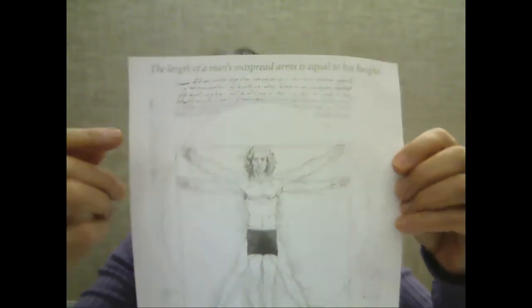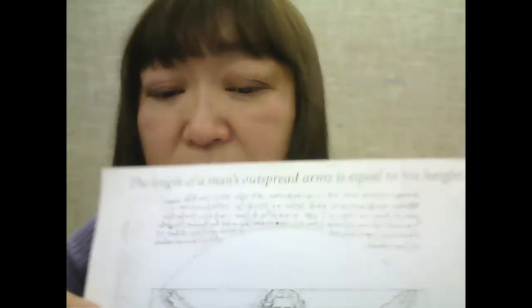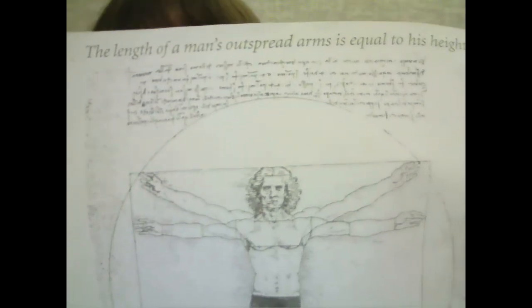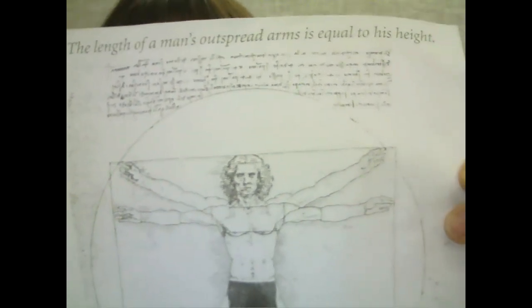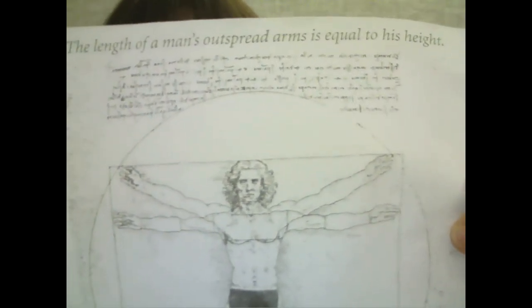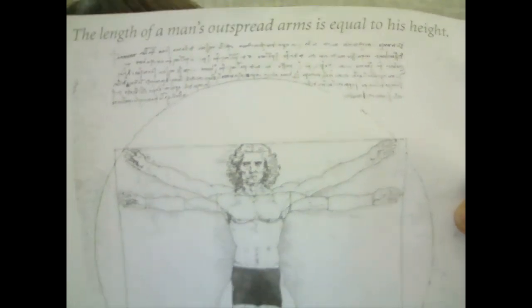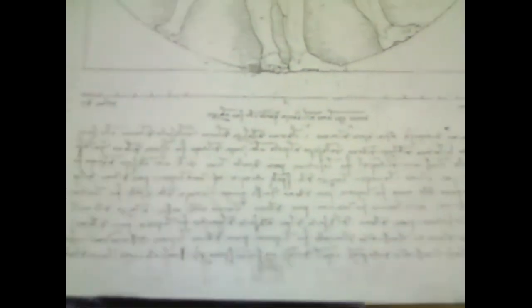Now these tiny writings of Leonardo da Vinci, that's the one that the introduction paper was talking about, the writing that can be read only in the mirror. But even if we use the mirror, I don't think we can read it because it's not English, it's Italian, unless you know how to read Italian.